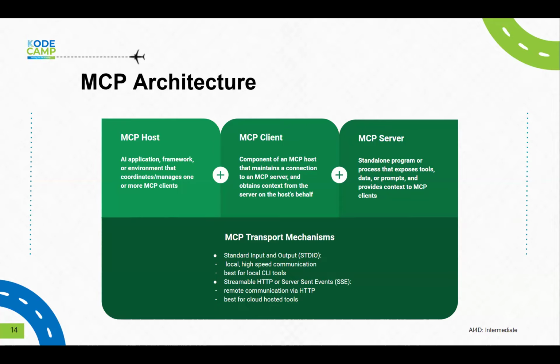And then I talked about how MCP clients and servers exchange data, how they communicate. I mentioned that there are two transport mechanisms, namely standard IO and streamable HTTP. Standard IO is used when the client and the server are on the same machine.